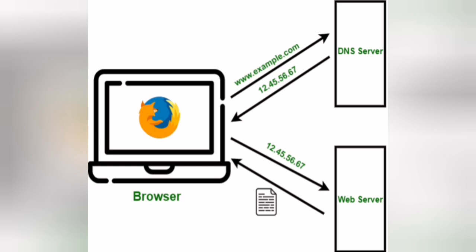Example.com is translated by the DNS server into a certain IP, and then this computer or the browser will request this IP address on the web, and thus it will get back the required information.